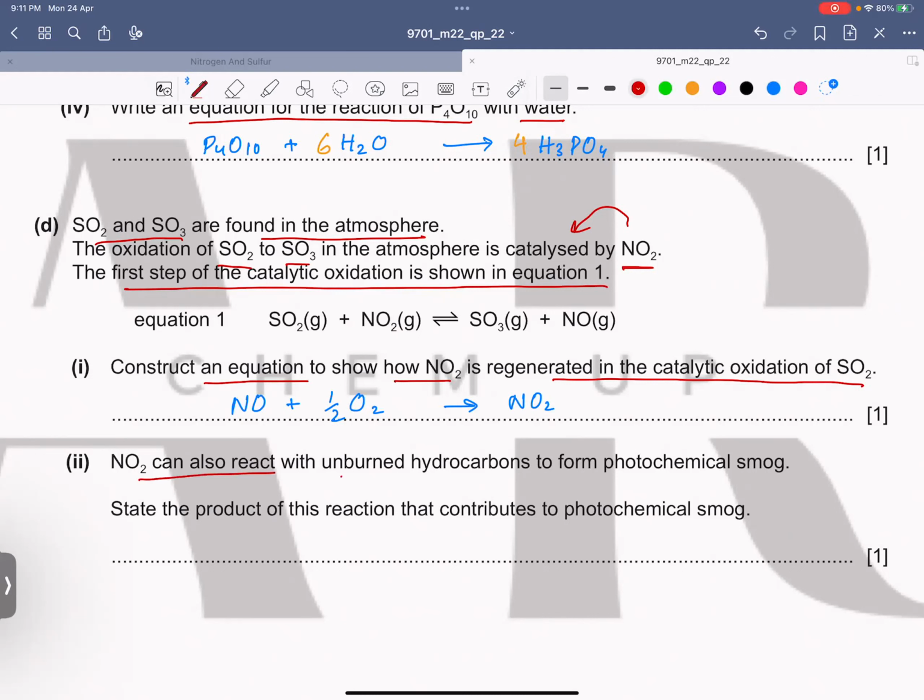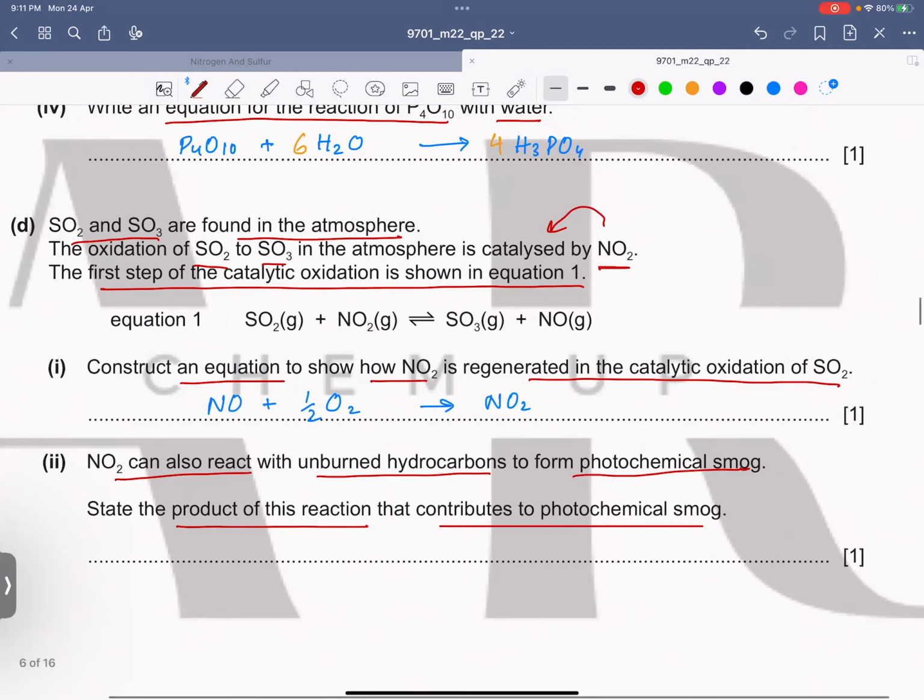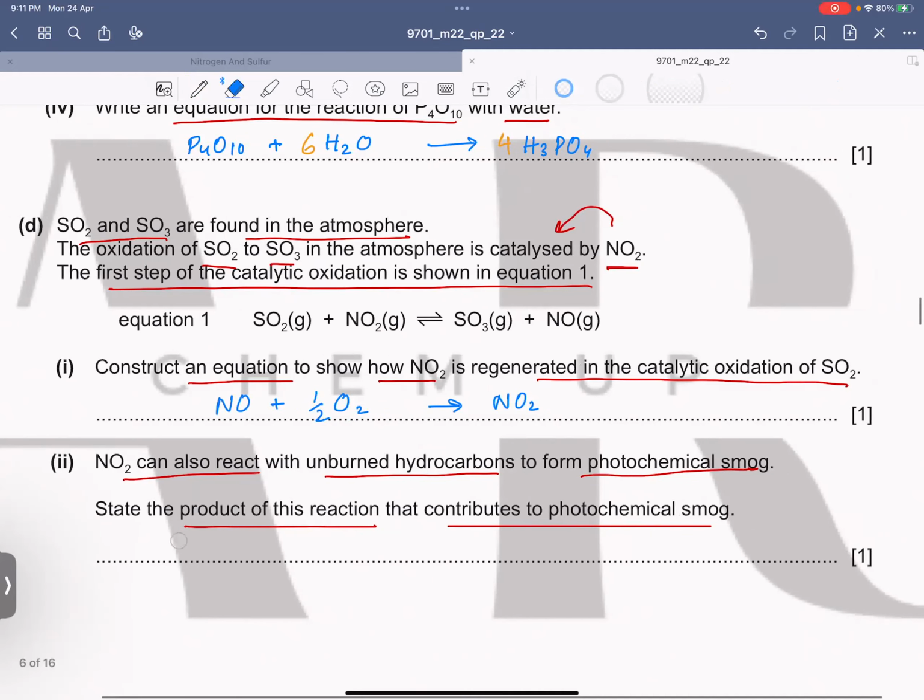NO2 can also react with unburned hydrocarbons to form photochemical smoke. State the product of this reaction that contributes to photochemical smoke. If you recall, we discussed in the nitrogen and sulfur chapter that these unburned hydrocarbons and NO2 react with each other in the presence of sunlight to form another compound that we call PAN, the full form is peroxyacetyl nitrate, which actually causes smoke.